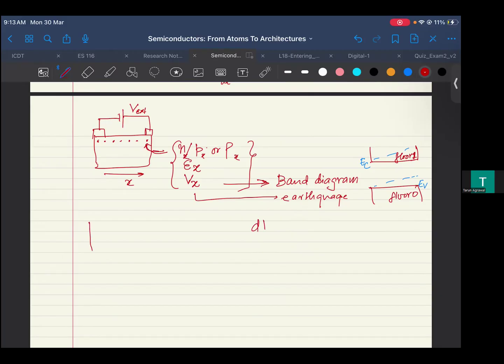Now I have a very defining equation which gives me the relation between this potential and this charge. And this charge is the total charge, which we looked at: the hole charge minus the electron charge plus whatever are the dopants, because donors become positive if they are leaving an electron, and acceptors become negative. So that is the total charge in the semiconductor.